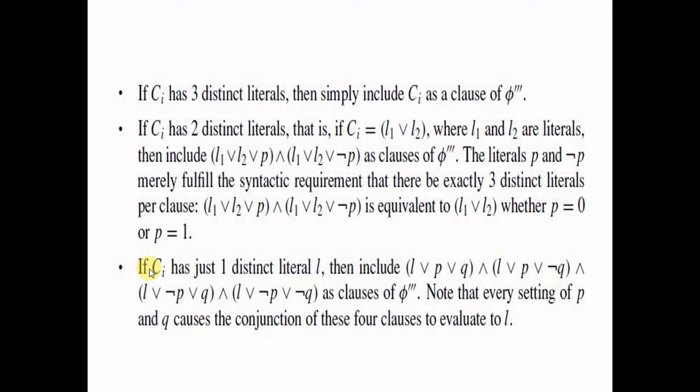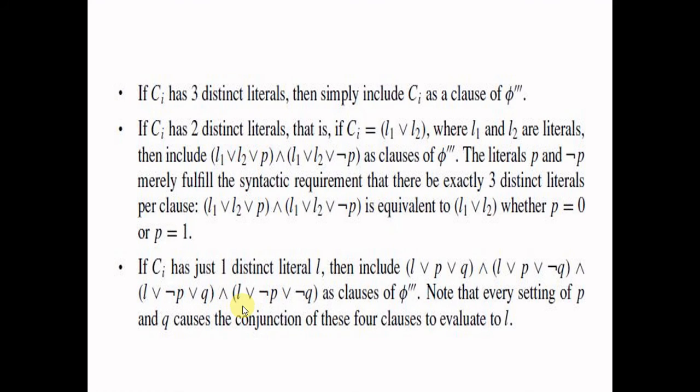Now suppose this clause Ci has just one distinct literal, then we should include two auxiliary variables P and Q, and you should write 4 clauses corresponding to this literal L, that is L or P or Q, and L or P or negation Q, and L or negation P or Q, and L or negation P or negation Q as clauses of phi triple dash. Note that every setting of P and Q causes the conjunction of these 4 clauses to evaluate to L.